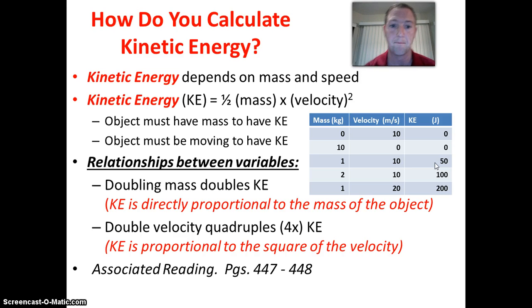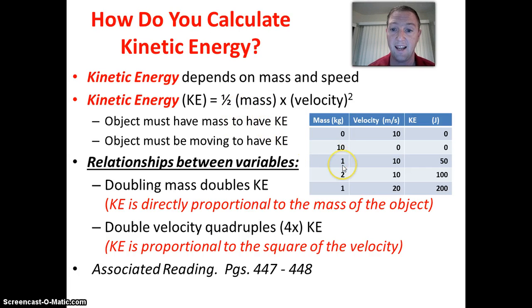Right. Okay. So, next, what's the relationship between these variables? You know me. I like to know relationships. I'm going to ask you about relationships on the test. So let's talk about relationships. All right. What's the relationship between kinetic energy and mass in this equation?